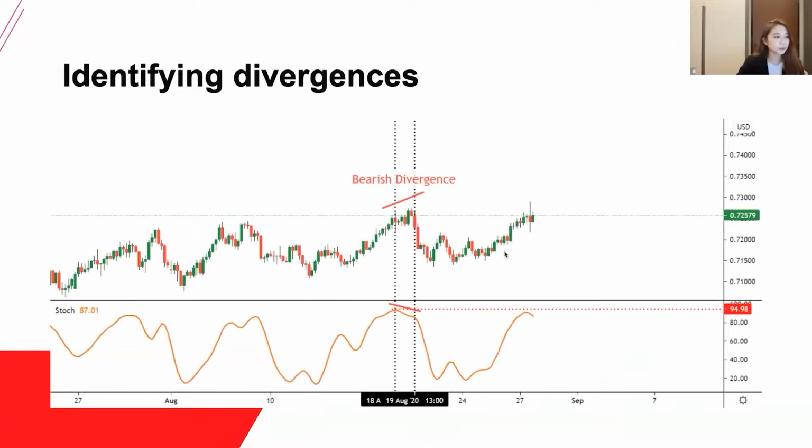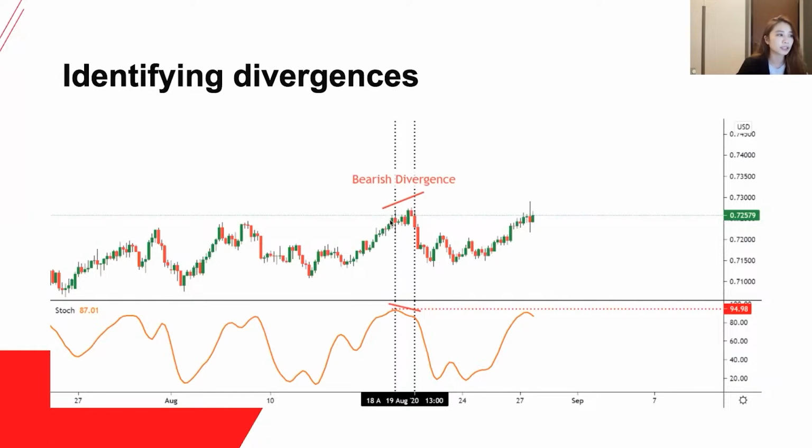So how can stochastic identify divergence? In the first few slides, we did mention that stochastic is actually looking at pricing momentum. You can see that in this case, it did reach the peak beforehand. However, there was a slight increase in the price point.